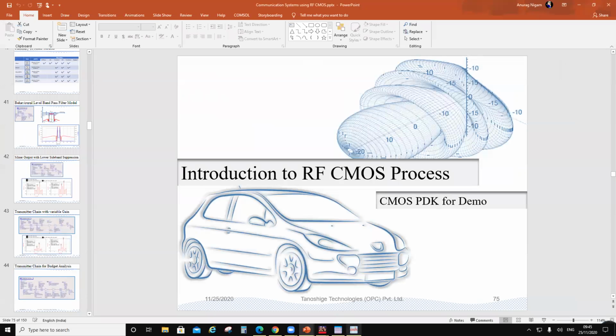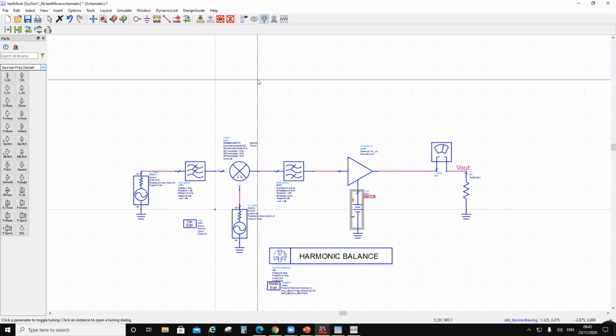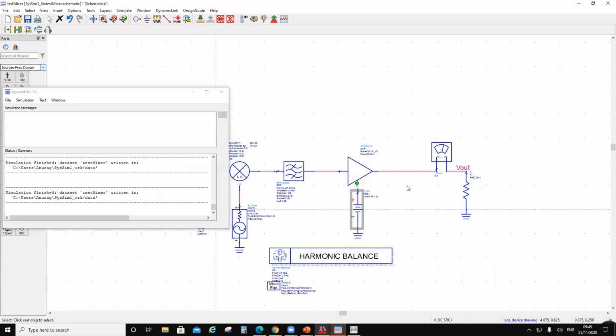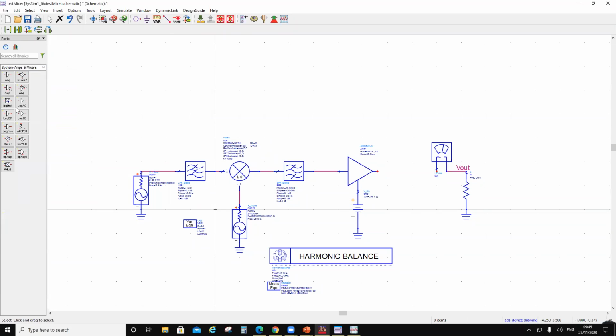Okay, now let's add a power amplifier to this. Okay, so I am going to put in again the same system, and an amplifier.